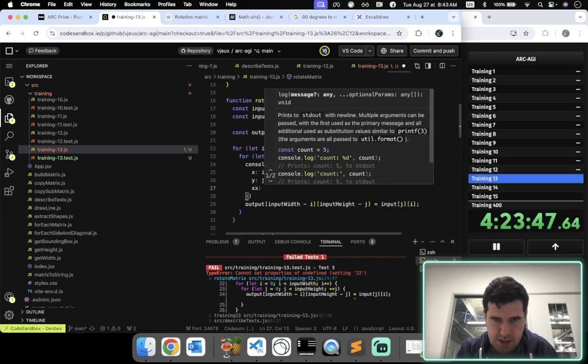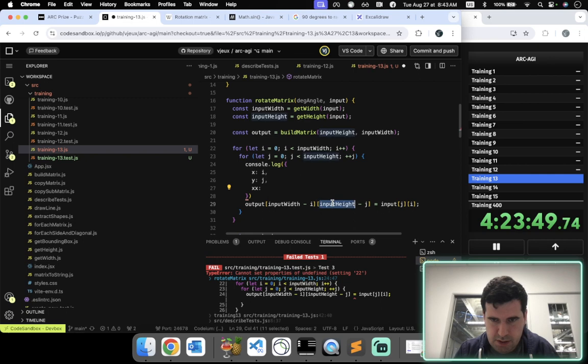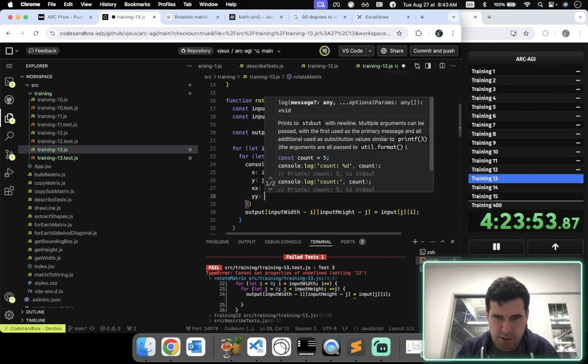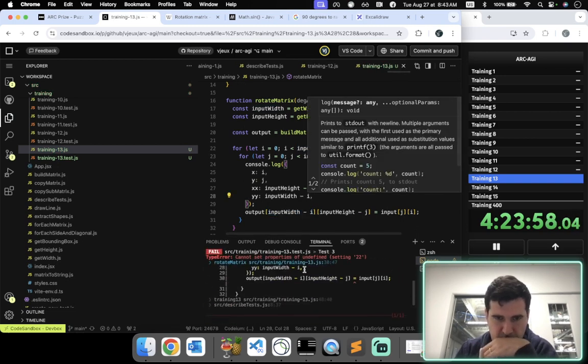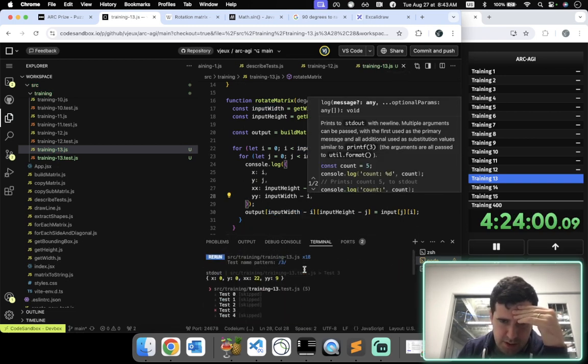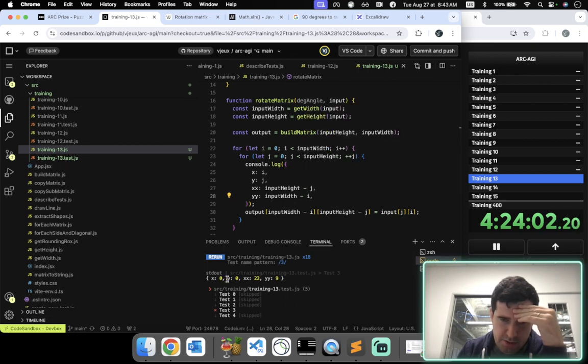The x is this one, and the y equals this one. So why is it not working? Okay, so if we said 0, 0, it should be 22, 9.